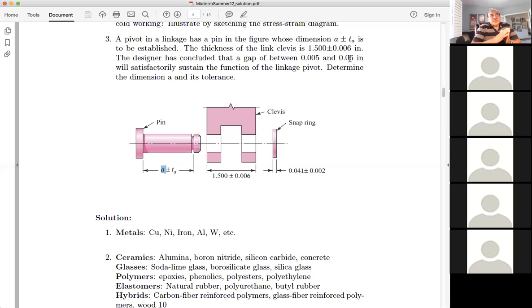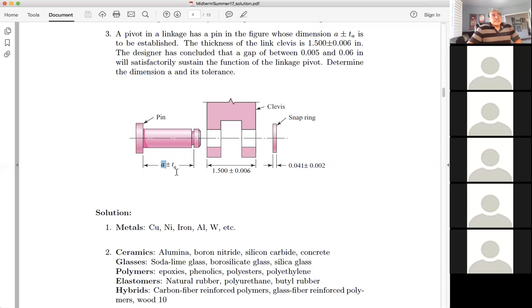So what is unknown here is the averages and the tolerance in the pin. And therefore, what we have to do is that the average in the pin is obviously the 1.5 plus the average in the gap, which is the median between 5 mils and 60 mils. You just take the median between these two numbers, and also the average in the snap ring.